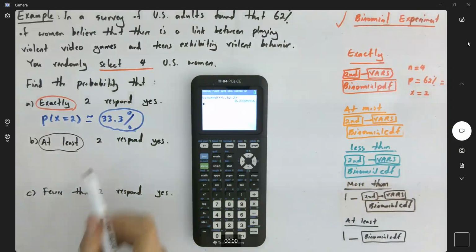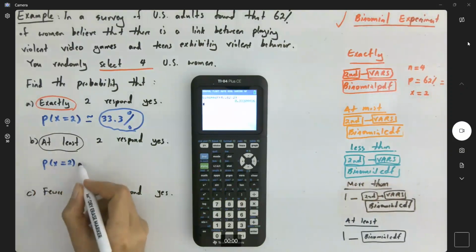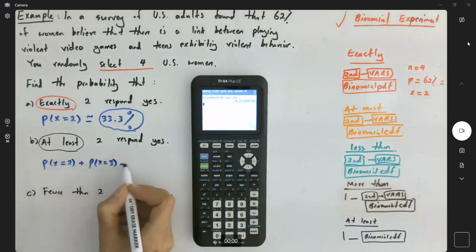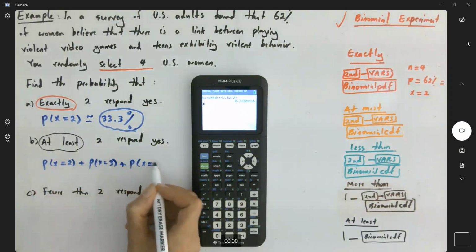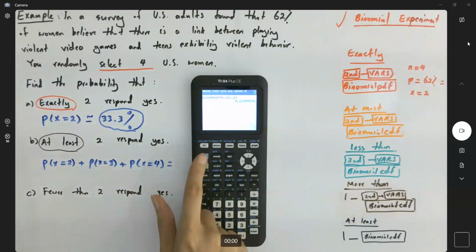At least 2 means that you are finding the probability of 2 or 3 or 4 respond yes to this question. You want to find these probabilities added together. That's why you're using cumulative binomial CDF.